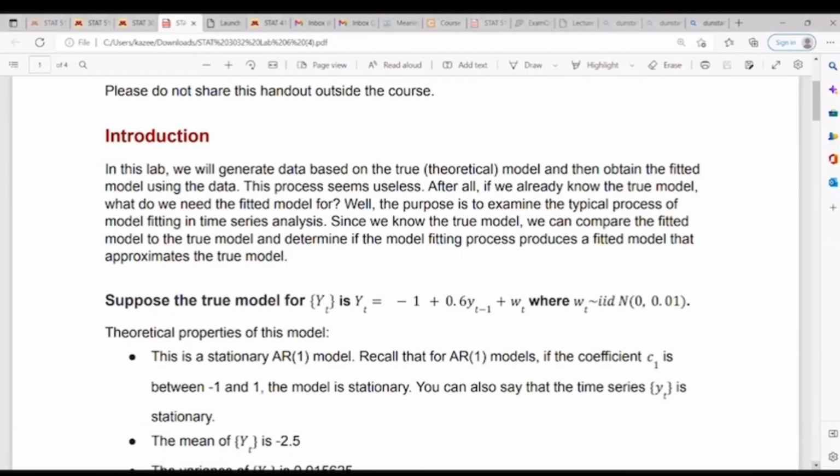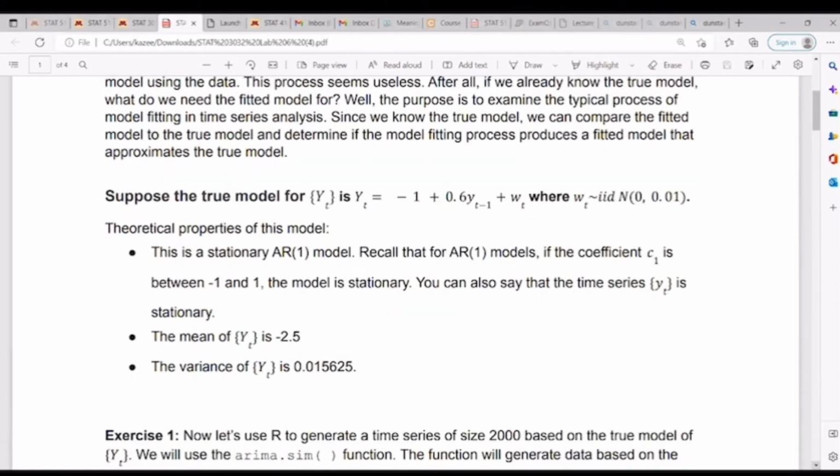One of the models that we have in time series is what we call the autoregressive model of order one. I walked you through in class that the autoregressive model of order one is a situation where you relate the current value of the series with the immediate past.